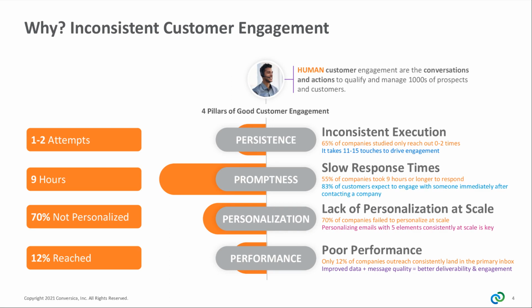We found that there was often inconsistent execution. We know that it takes over 12, 13, 14 touches to get a hold of somebody, and often these accounts were only reaching out to us 1 or 2 times, and then we never heard from them again.